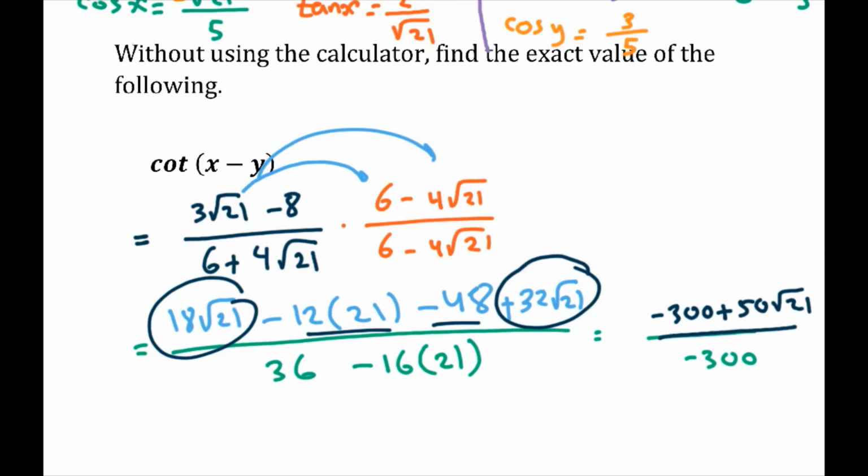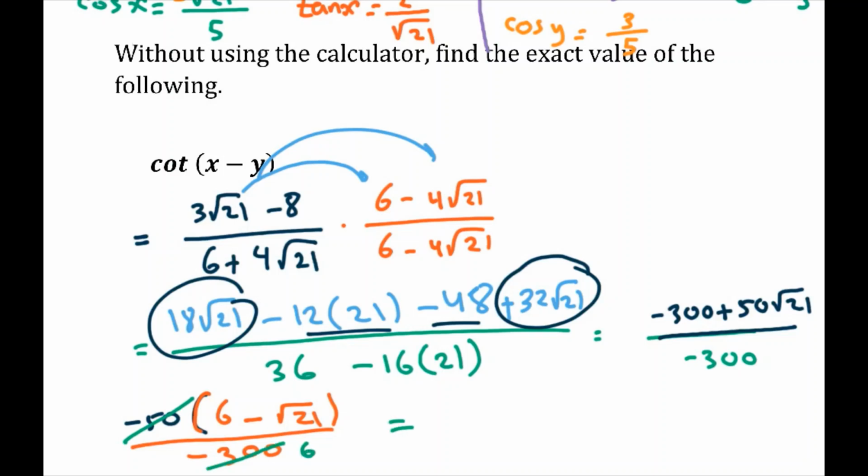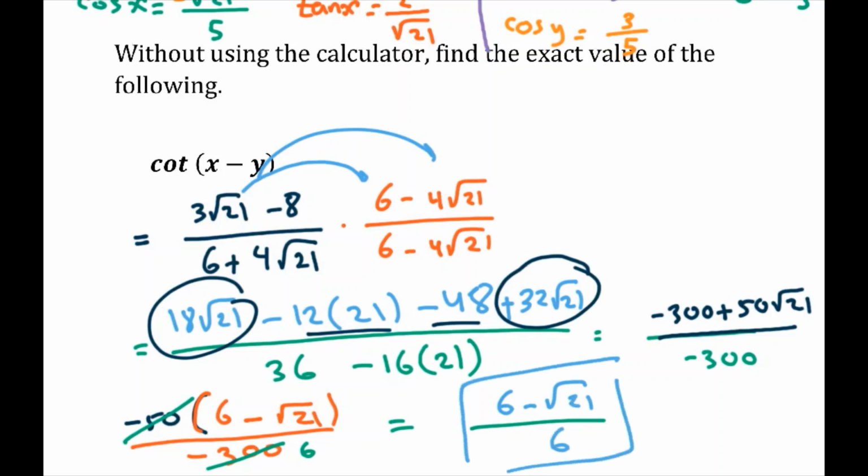Now you can take negative 50 as a common factor actually. What is left? 6 minus square root of 21 over negative 300. And now these two will cross out, and this is 6, so it's going to be equal to 6 minus square root of 21 over 6. That's going to be your final answer.